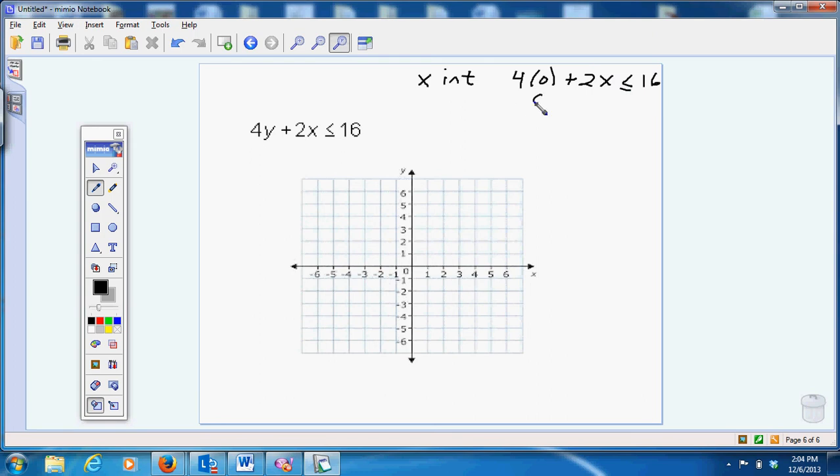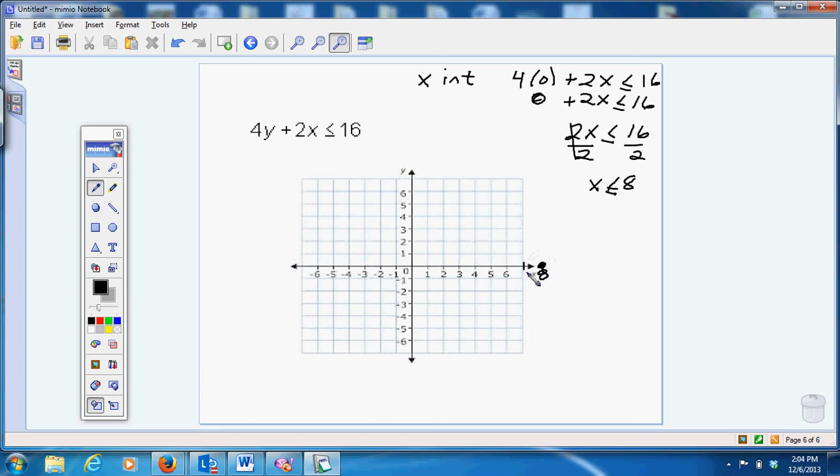Well, this is 0 because anything times 0 is 0, plus 2x less than or equal to 16, which is just 2x less than or equal to 16. Divide by 2, and I get x is less than or equal to 8. What that means is that my x-intercept is positive 8. Unfortunately, it's not really on my graph, so I'll make it on there. It's right there. There's my x-intercept, so I'll make that little dot.